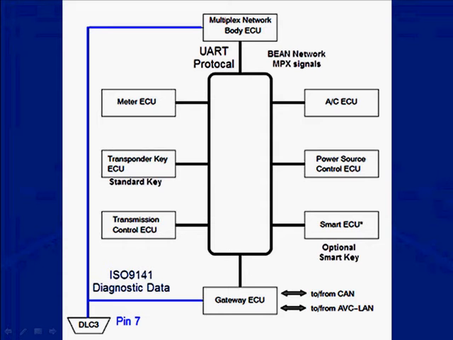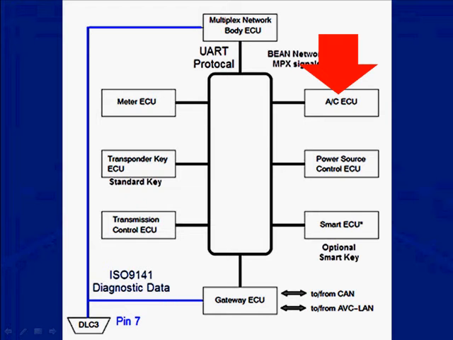And so the Toyota people call it BEAN, and it's really a UART signal. And you can see the different modules that it connects to, with the bottom being that gateway module, and all the other ones connected to it, they're all talking BEAN.